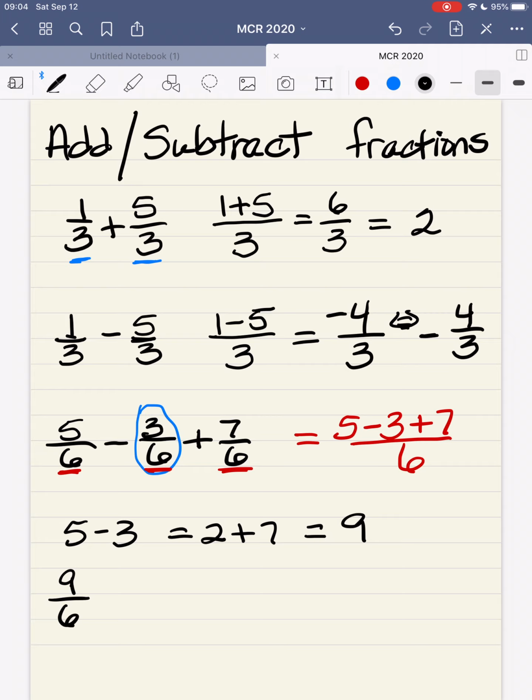Now remember, I still have to simplify my fractions. 9 and 6 have a 3 in common. Remember, 9 is 3 times 3, and 6 is 3 times 2. And because I have a like number on the top and on the bottom, I can go ahead and cross them out, and my answer here is going to be 3 over 2.